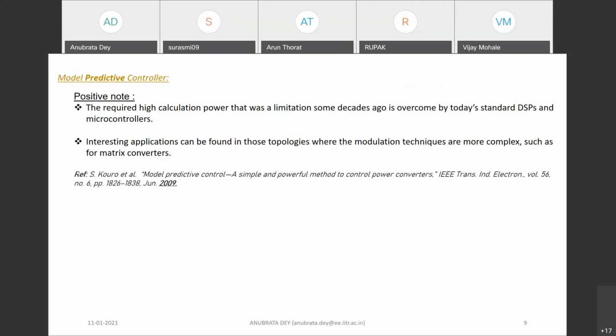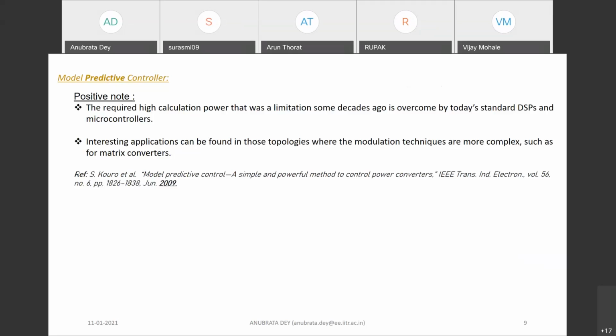If you know the plant, and you give some input, what should be the output? If you can model it using mathematical equations and electrical parameters that you know, then you can easily model it, and in advance you can say what the output should be for a given input. That's why it's called model predictive: you can predict in advance.